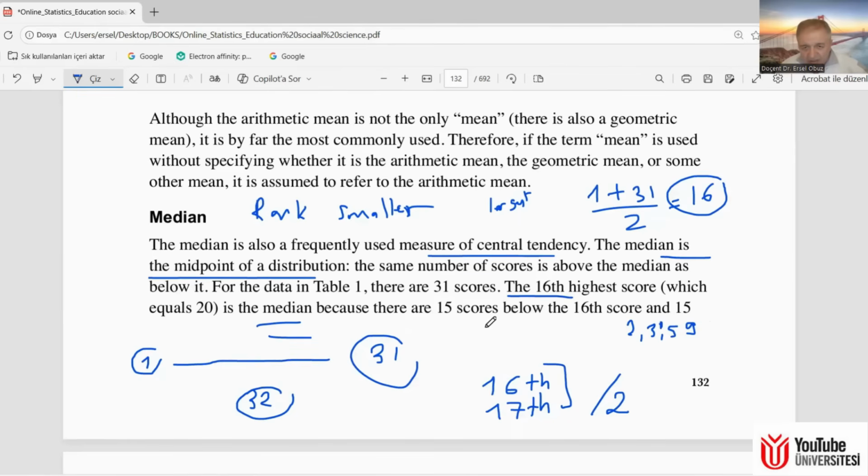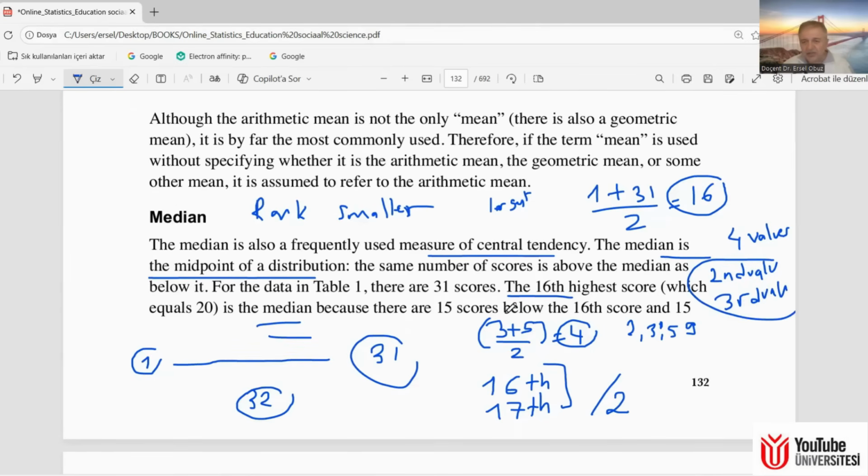So what you do is 3 plus 5 divided by 2, which will give you 4. When you look at the formula, with just 4 values, 4 divided by 2, you get the second value plus the third value divided by 2. So that's what we did: 3 plus 5 divided by 2 gives you 4 as the median.